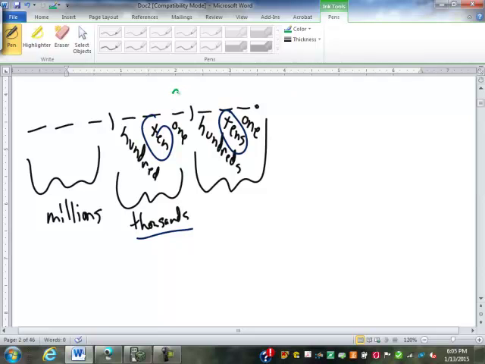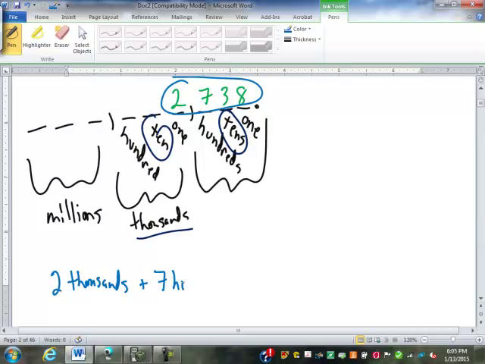If I have a number like 2,738, what you see there, 2738, is an abbreviation. That's not the full number. That full number is 2,000s. Technically 2 1,000s, plus 7 100s, plus 3 10s, plus 8 1s.